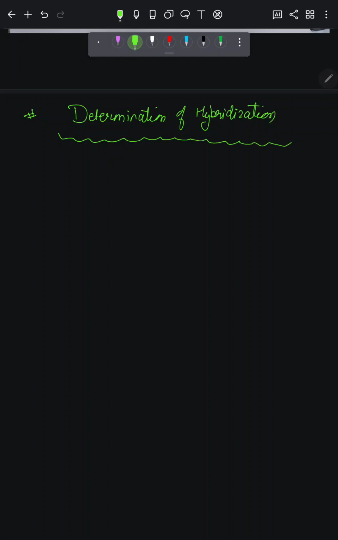We have studied this in our early classes, it is just the same. There are two methods we can use for two types of molecules in which we determine hybridization. First, if a structure is given and we need to calculate its hybridization, and another one, where just a molecular formula is given, just like ClF2 plus, and we have to calculate its hybridization.